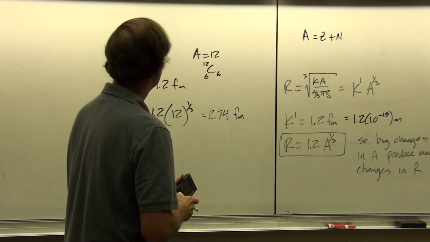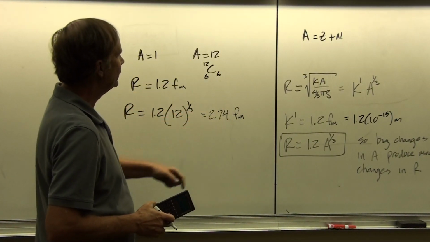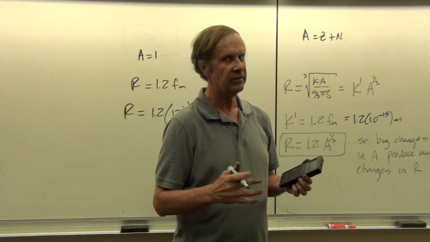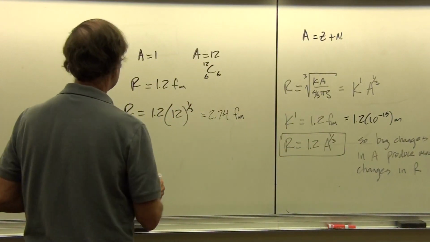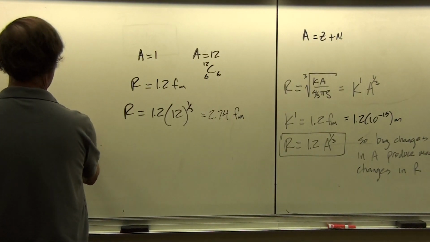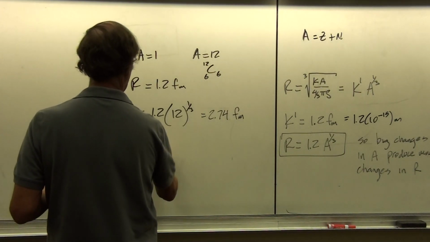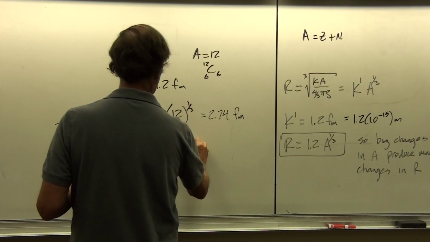So here we've got something that has 12 times more particles in it, that is only 2.74 times the radius. So we see that the radius isn't increasing that fast. What if we go to U-238? 92 protons, 146 neutrons. Then R here would be 1.2 times 238 to the 1/3 power.